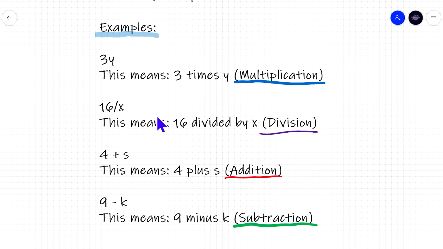And this means 16 divided by x, which is division. In this case, x is the variable here. Next up, we have 4 plus s, and in this case, s is the variable, and this means 4 plus s, which is addition. And finally, we have subtraction, and it's 9 minus k. In this case, k is the variable.